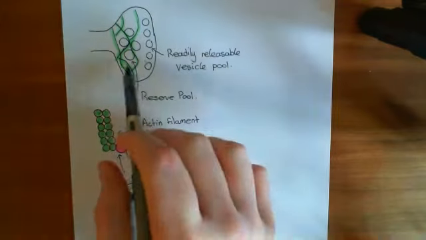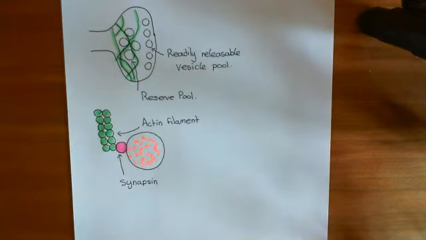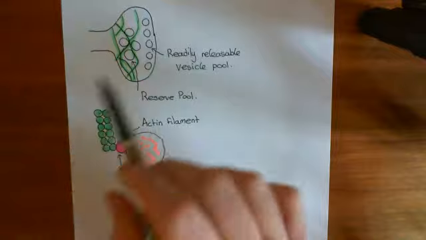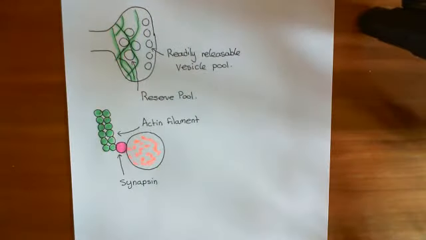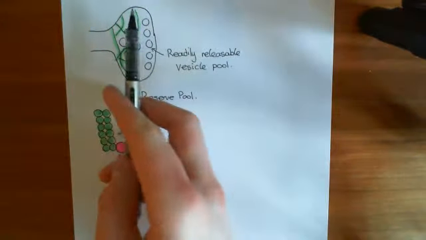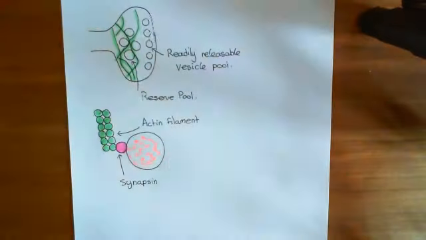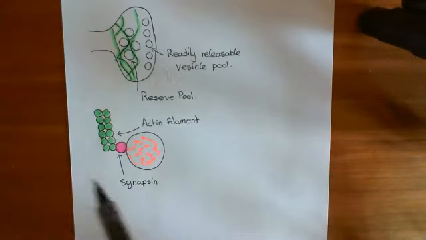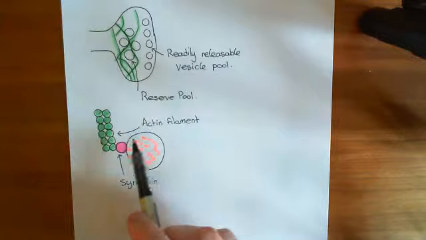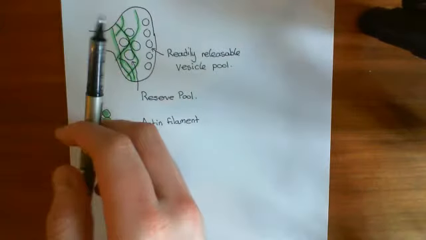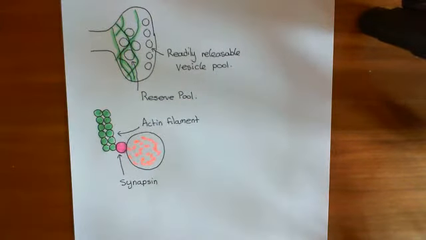So if we want to recruit the synaptic vesicles in the reserve pool to the readily releasable vesicle pool, for instance because we've just released all of the vesicles in the readily releasable pool and want to restock it, we need to liberate some of the vesicles in this reserve pool so that they can diffuse over to the presynaptic membrane and then get docked there to replace the ones that we've lost.